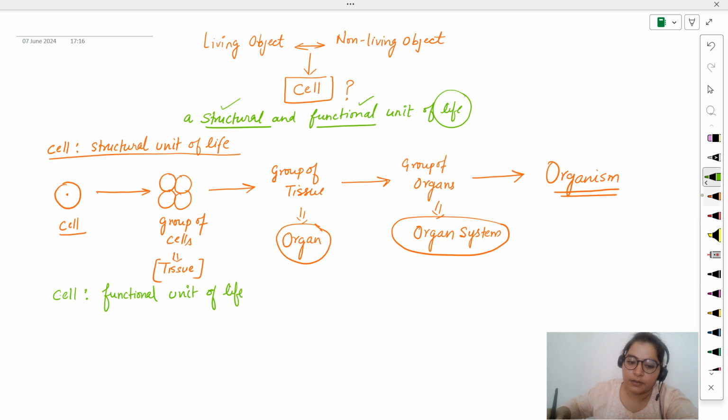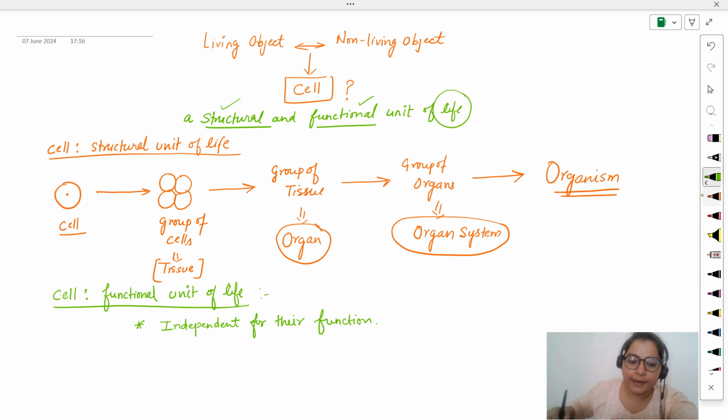Whenever we talk about it being a functional unit, how do we consider it a functional unit? Firstly, it is independent in its function. Each and every cell is independent in its function.